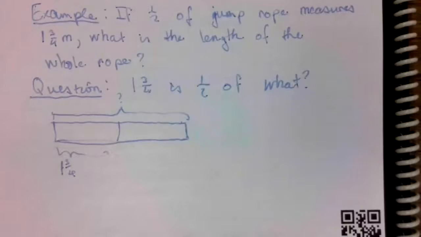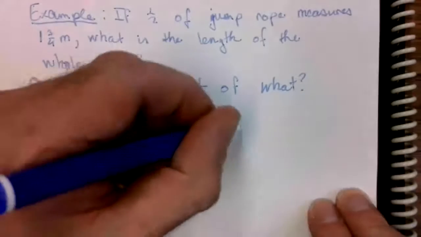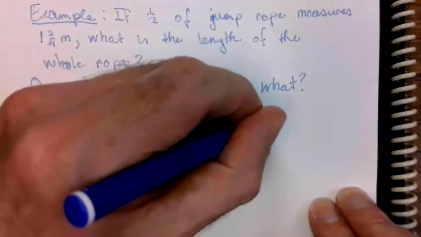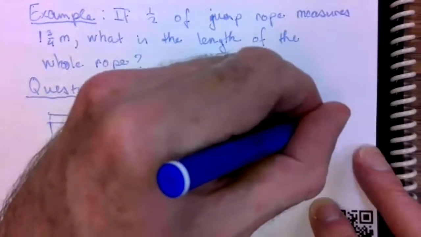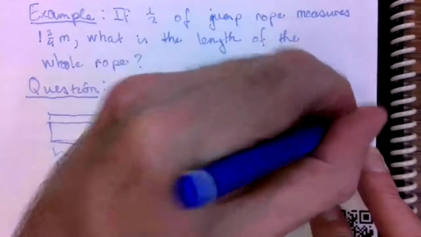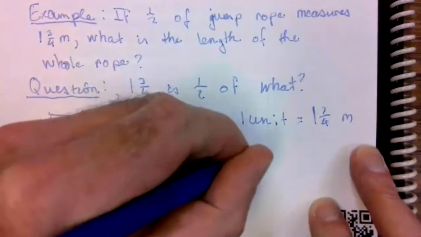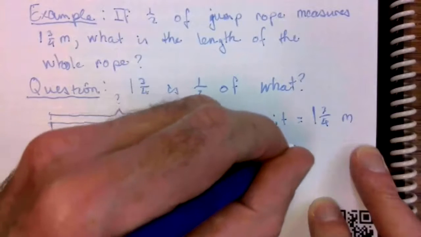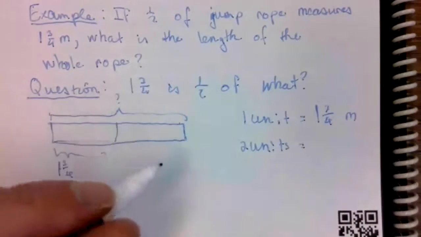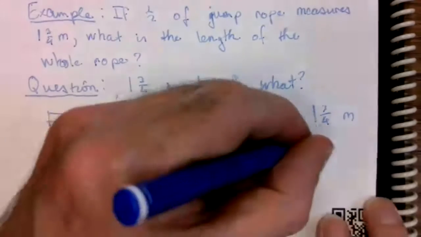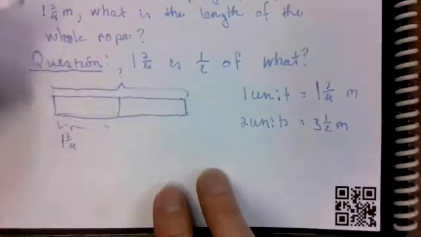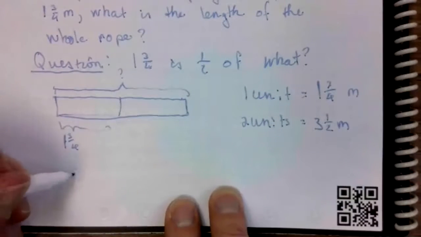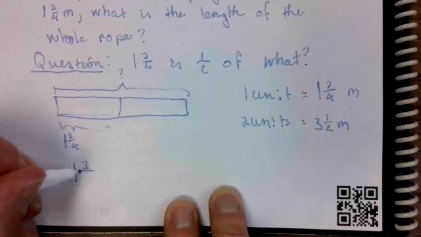Okay? So 1 unit equals 1 3/4 of a meter. So what is 2 units equal to? 3½ meters. Okay, so in other words, we've got this interpretation of division right here.